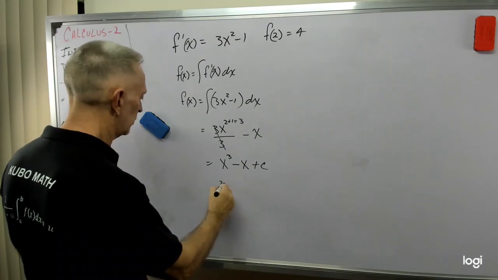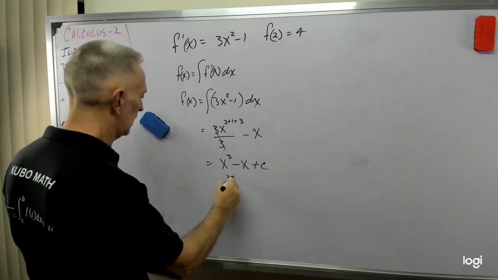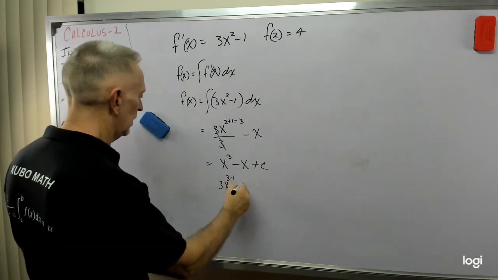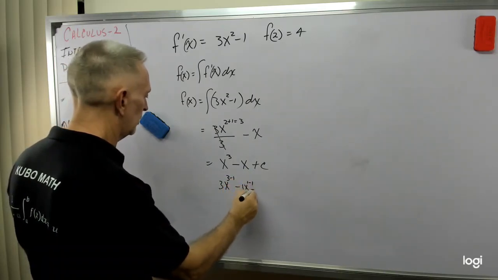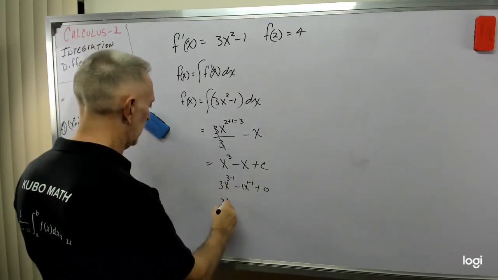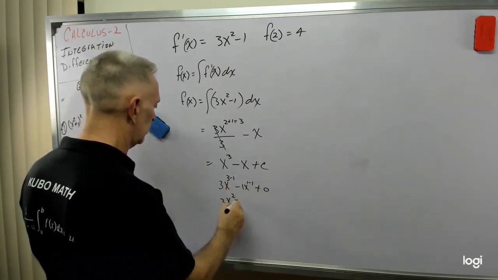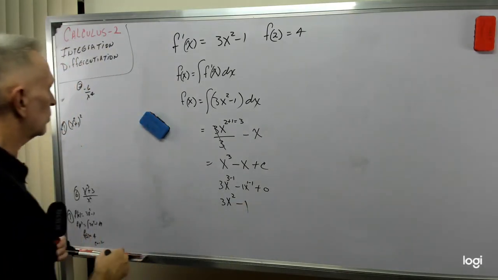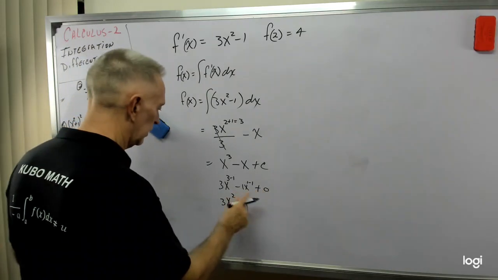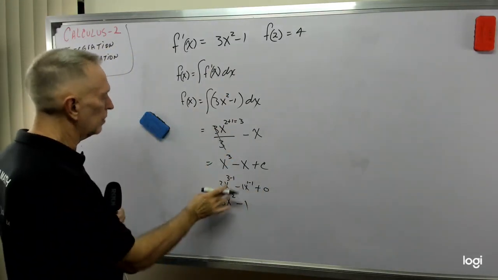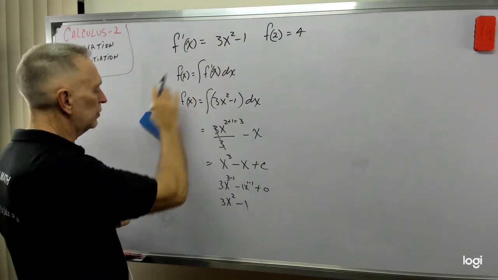So bring the 3 down, x to the 3 minus 1, and then bring the 1 down, x to the 1 minus 1, plus 0. So this would be 3x, 3 minus 1 is 2, minus 1: 3x squared minus 1. Yes, so we know our integration was correct because we went back to the original problem.